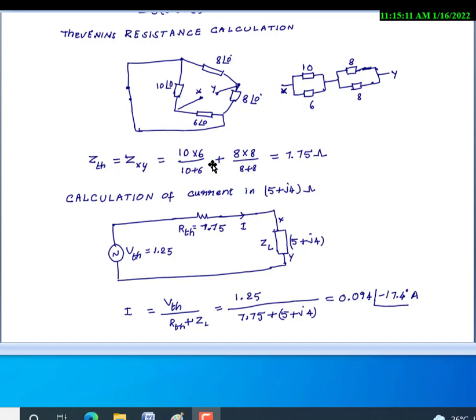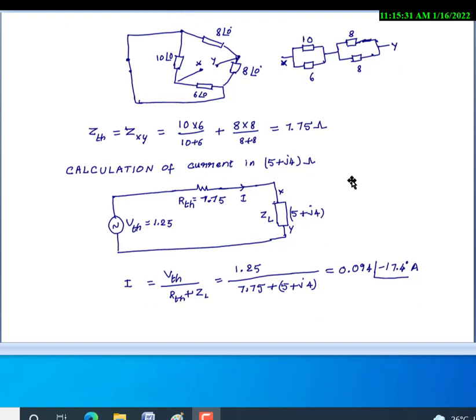We call that impedance or resistance the Thevenin's resistance. With respect to X and Y, Zxy is equal to Z Thevenin. So 10 into 6 divided by 10 plus 6, plus 8 into 8 divided by 8 plus 8, then we get 7.75 ohms.